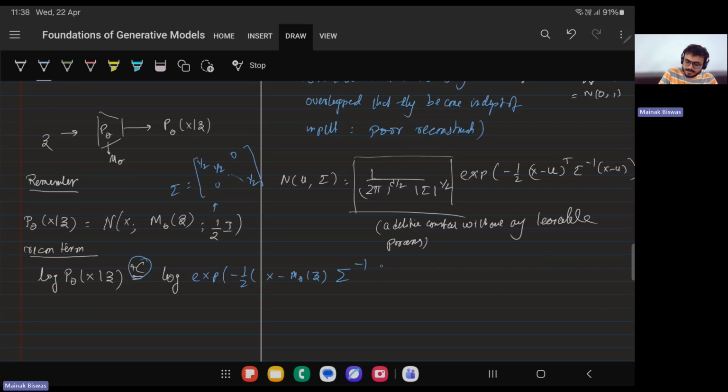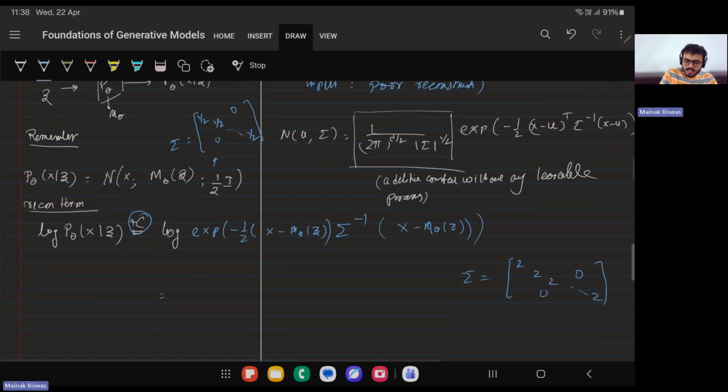So you will get x minus m theta of z, right? This is the expression. Since sigma is a diagonal matrix, sigma inverse is just the inverse of all of these. So you get a 2, 2, 2 matrix. When you get that, what happens?